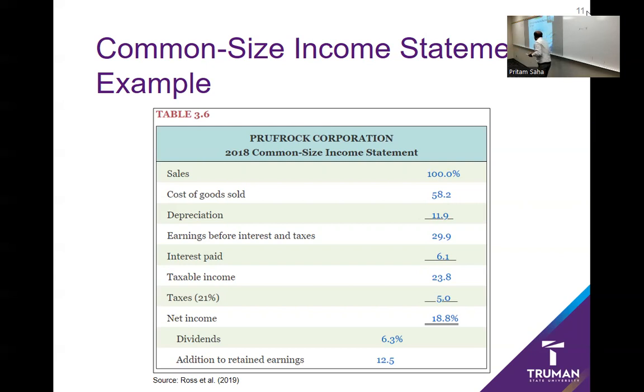You can look here, the usage of net income. 6.3% of sales is going for dividend payment, right? 12.5% of sales is kept or retained within the corporation. You sum these two, you get the same value.